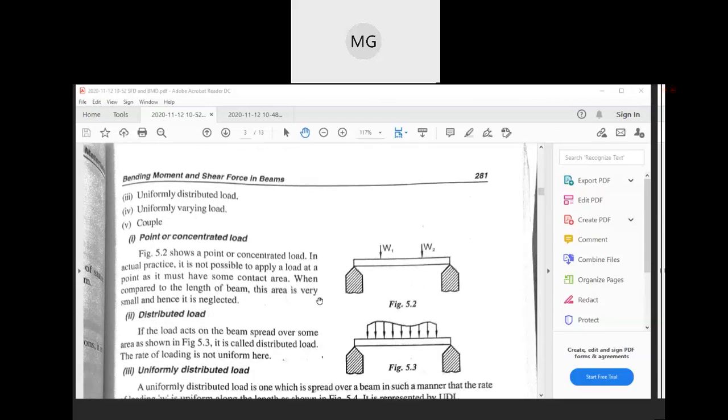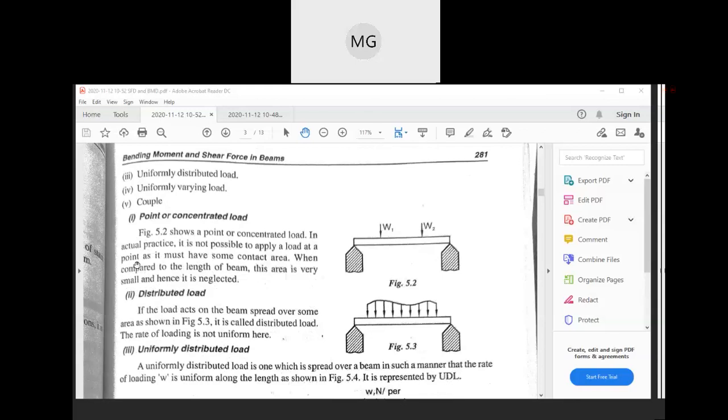Here are examples. Point load. Practically it is very rare to find a point load, but there are such cases. At a point, there must be some contact area.